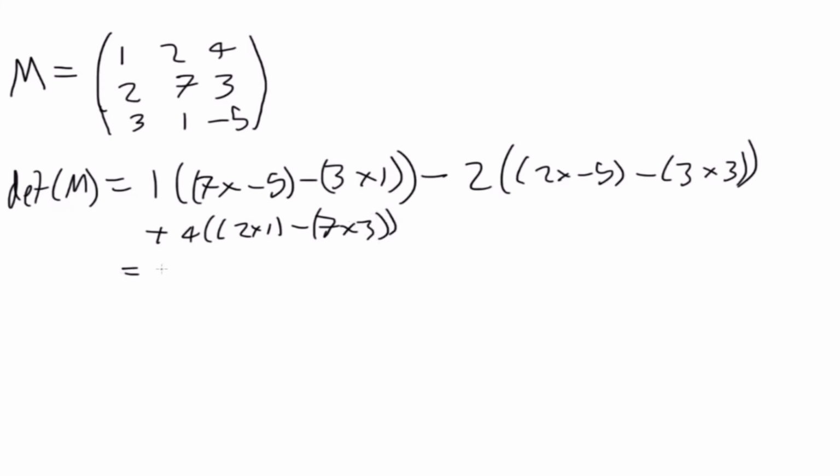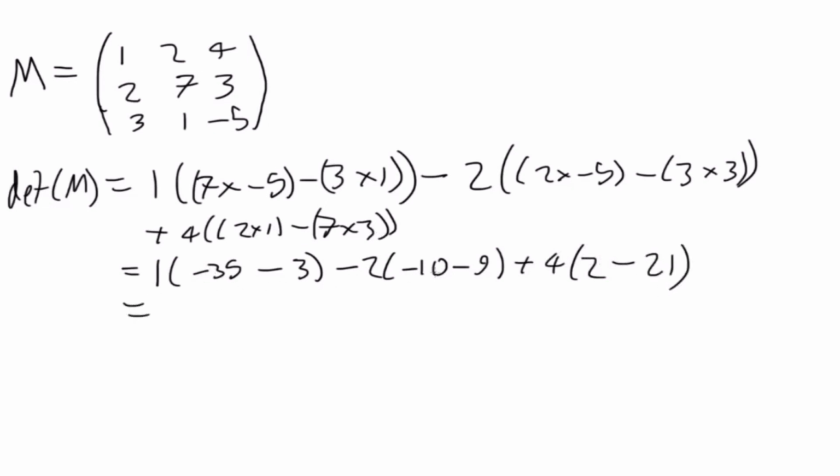Now we just do the calculation inside the brackets. 1 times 7 times minus 5 is minus 35, minus 3 times 1 which is 3. Minus 2, 2 times minus 5 is minus 10, minus 3 times 3 is minus 9. Plus 4, 2 times 1 is 2, minus 7 times 3 is minus 21.